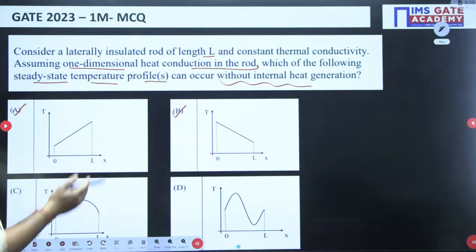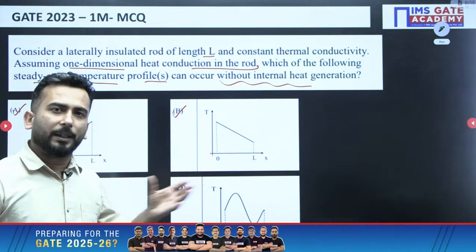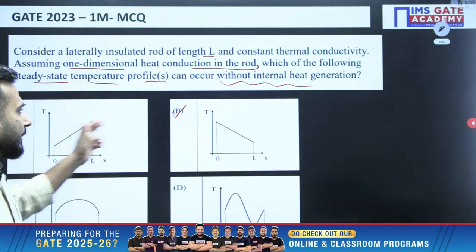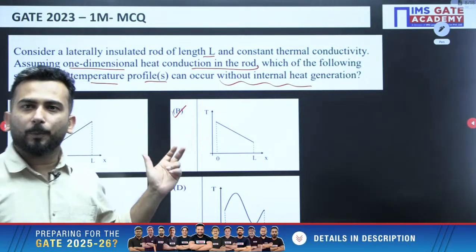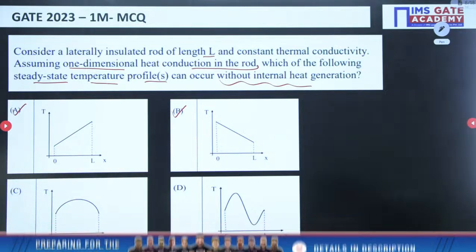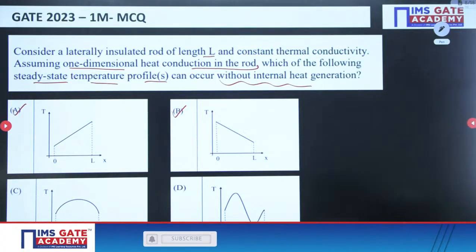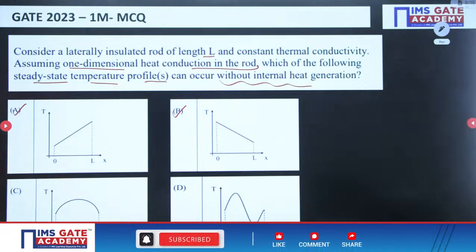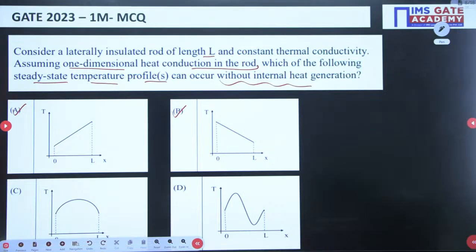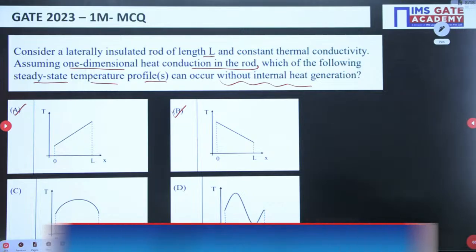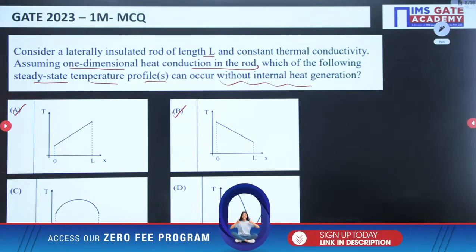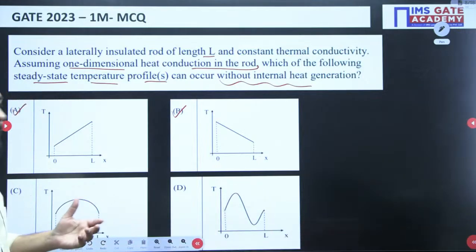Now linear he has mentioned, so it can be any sort of linear, right? By changing the conditions I can obtain any of the graphs.